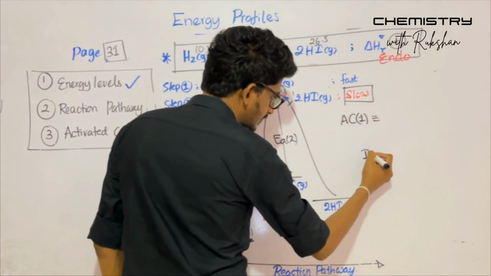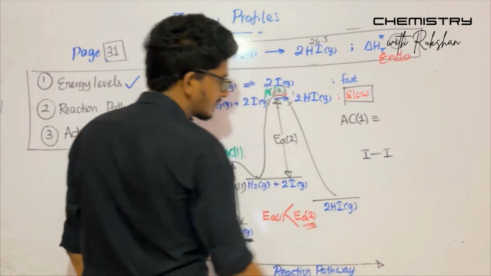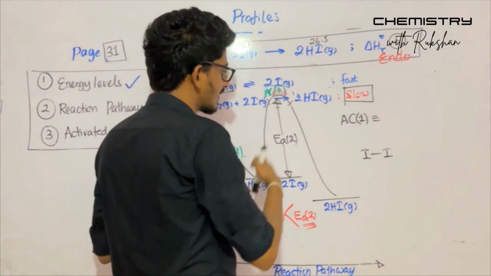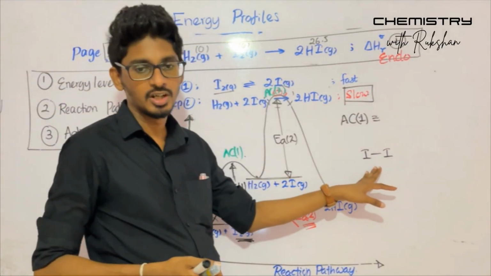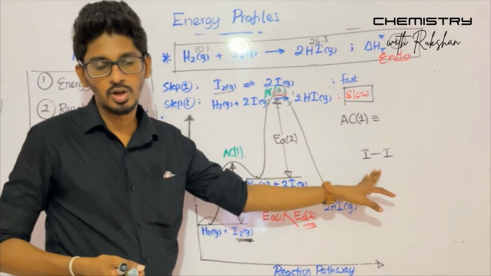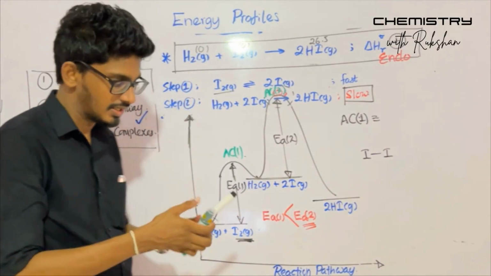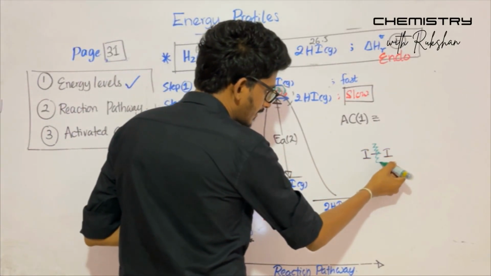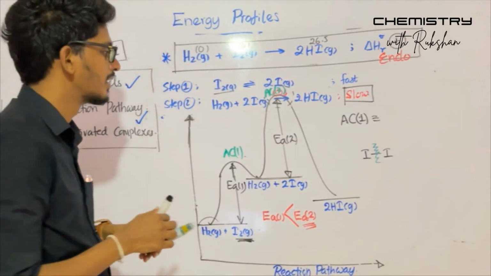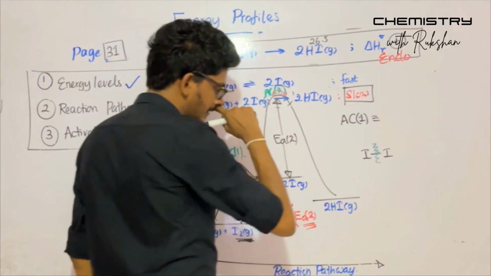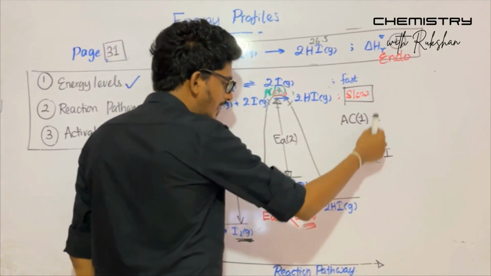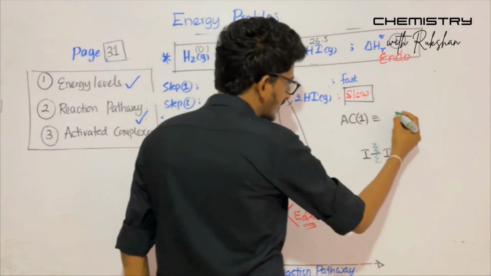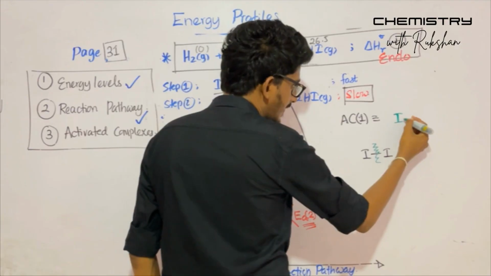There is I2. Just consider all the bonds there, and then think of the products. Which bonds are to break or which bonds are to form to come up with the products of the first step? You clearly see, if you break this bond, two I gases will be formed. So your activated complex will be like this.